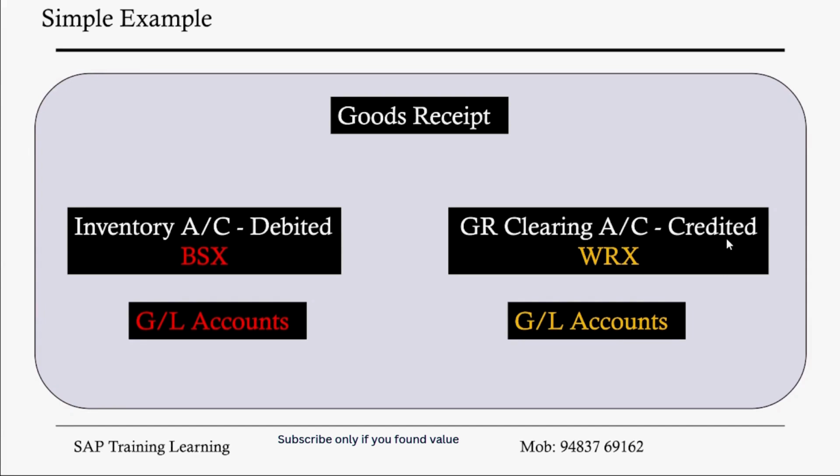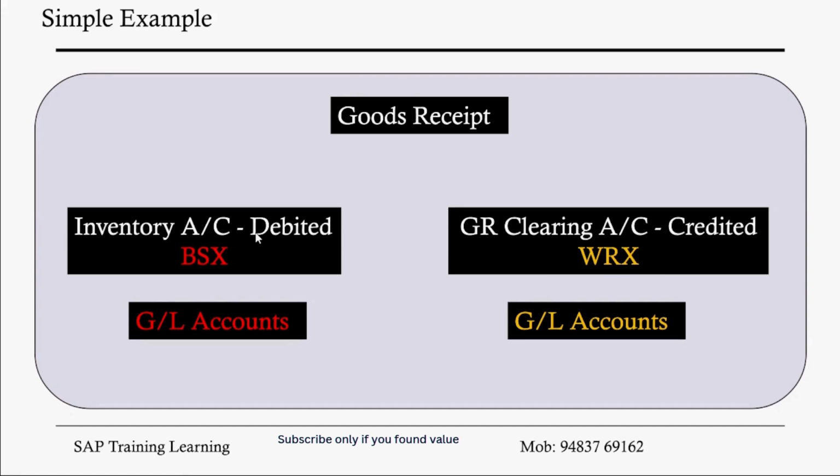Take the same example, but now think that it is the system that is handling these two movements. For that, SAP has given that whenever I say inventory account, it is represented by the BSX transaction key. So whenever I see BSX, it means it is an inventory account. Whenever I see WRX, it is a goods receipt clearing account.